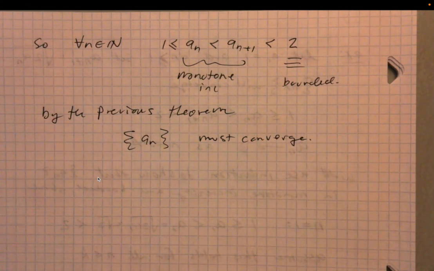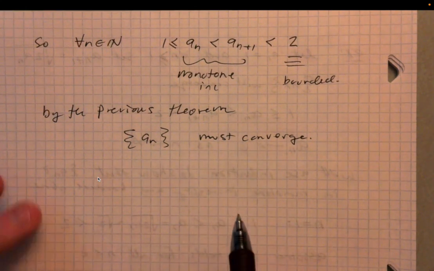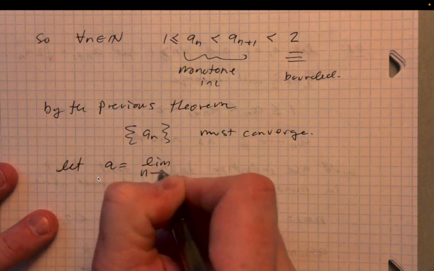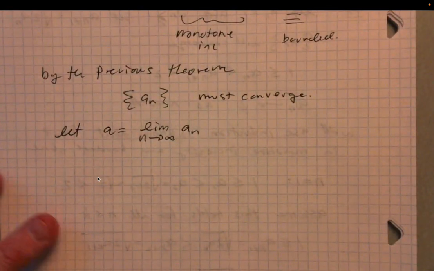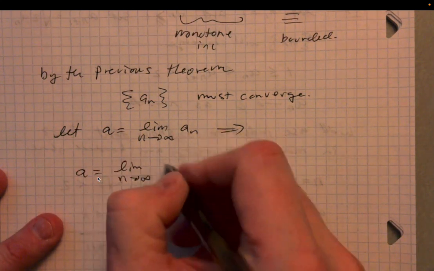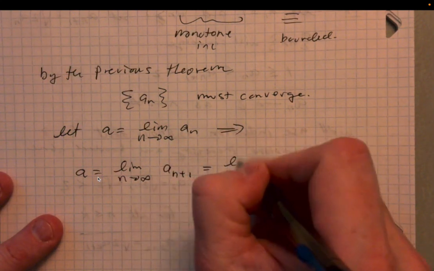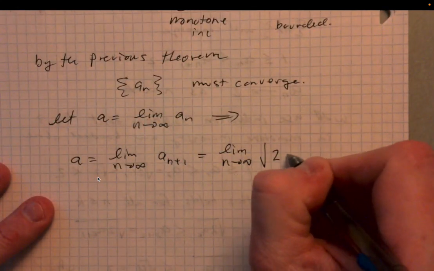All right, and so what is the limit here? Well, actually we can show that the limit is 2 pretty easily. Let a equal the limit as n approaches infinity of a sub n. If that's the case, then a is equal to the limit as n approaches infinity of a sub n plus 1, which we would say is equal to the limit as n approaches infinity of the square root of 2 times a sub n.